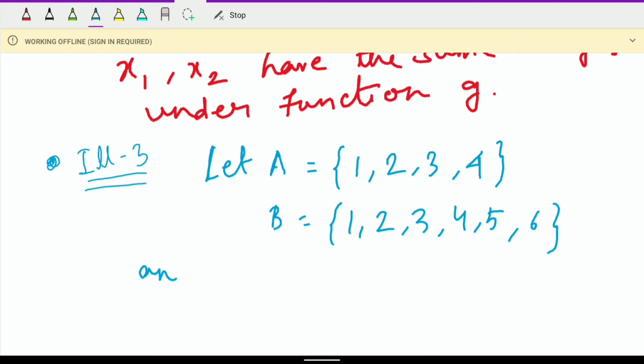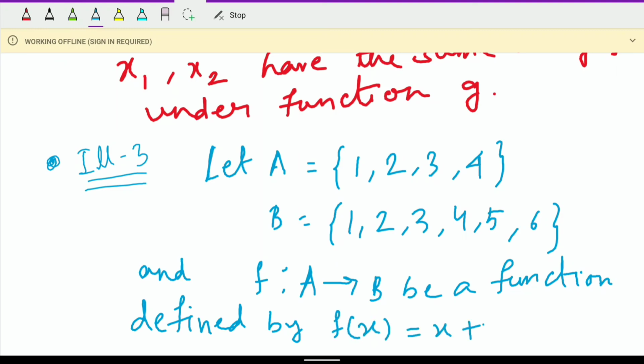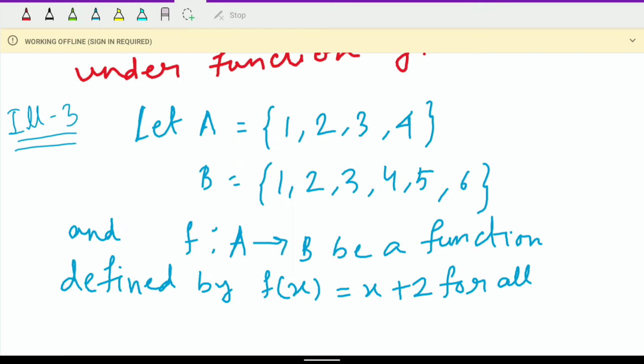If f maps A to B, be a function defined by the equation f of x equals x plus 2 for all x belongs to A.